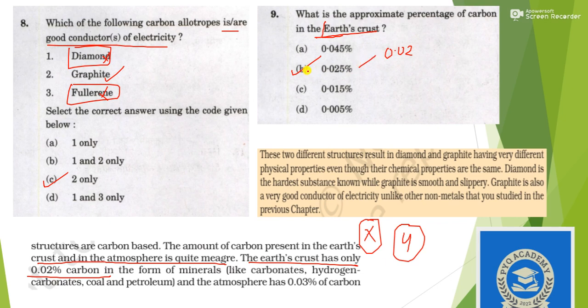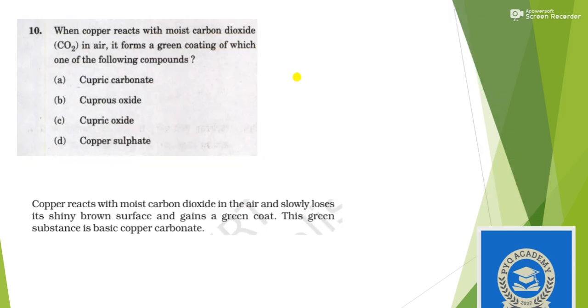So the answer is B. If the question was on the whole Earth, it could be 0.02 plus 0.05, but the option is only about the crust, so option B is the correct answer.